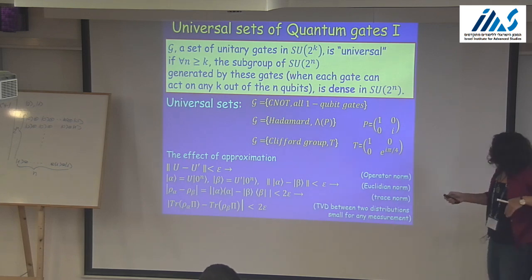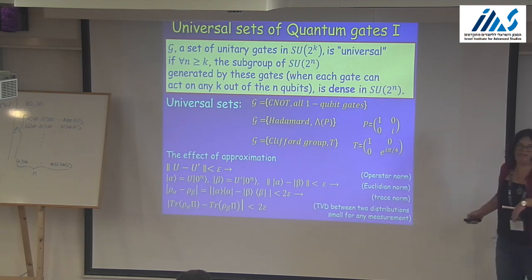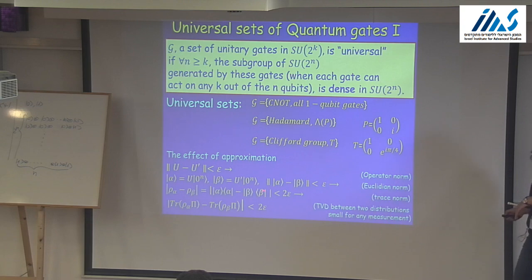So that's true. I want to walk you through the argument, but it's very easy. It just uses several different norms that are appropriate. So if U minus U prime is at most epsilon in the operator norm, then acting on the same state, the resulting two states will be very close in the Euclidean norm, and then in the appropriate metric on density matrices, which is the trace norm, that's the sum of the absolute value of the eigenvalues, if you want to know that, then the two density matrices at the end will also be very close.